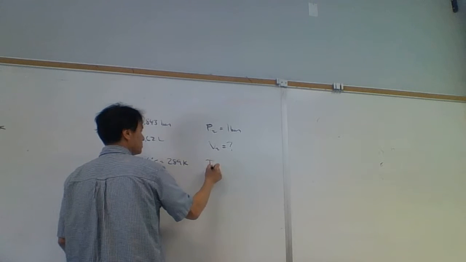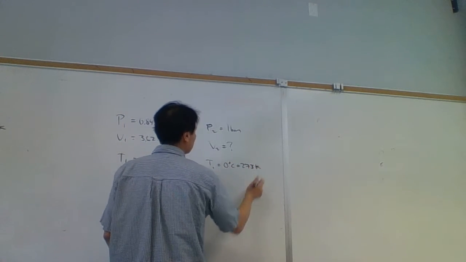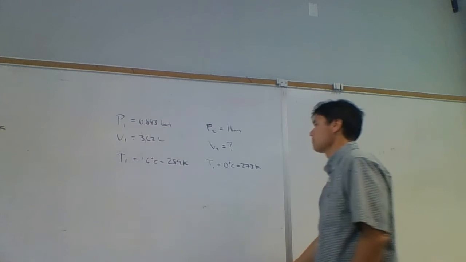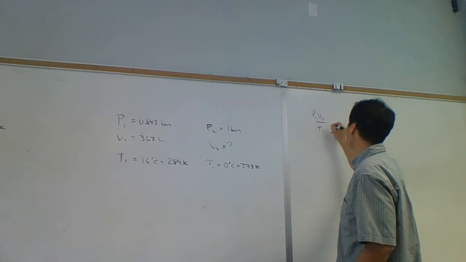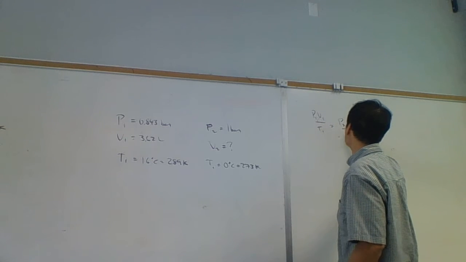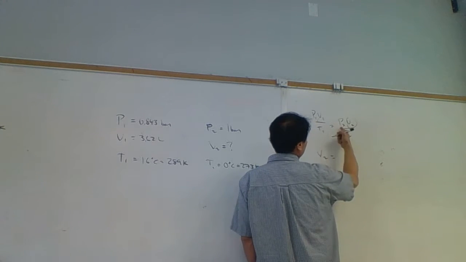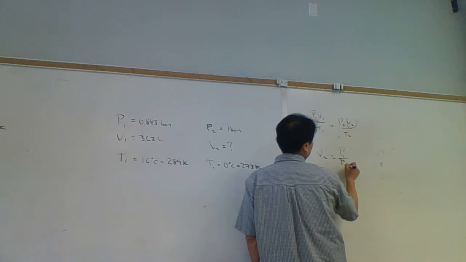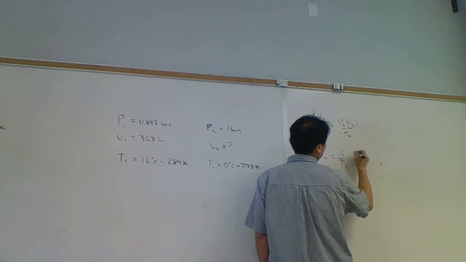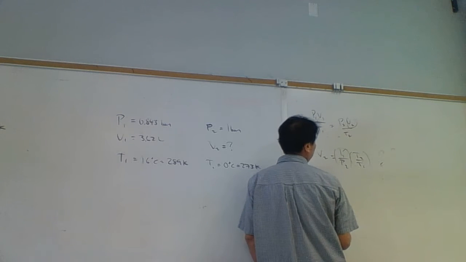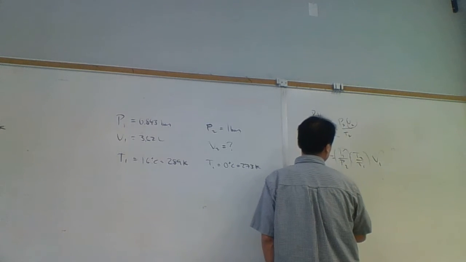And then standard temperature is going to be 0 degrees C or 273 Kelvin. So we'll take our combined gas law, P1 V1 over T1 is equal to P2 V2 over T2, and solve for V2. V2 is equal to P1 over P2, and then we're going to get T2 over T1. This is a pressure fraction, temperature fraction, times the original volume, V1.